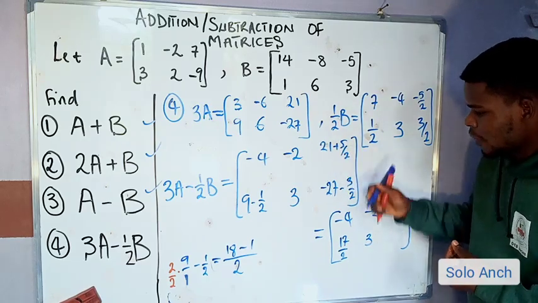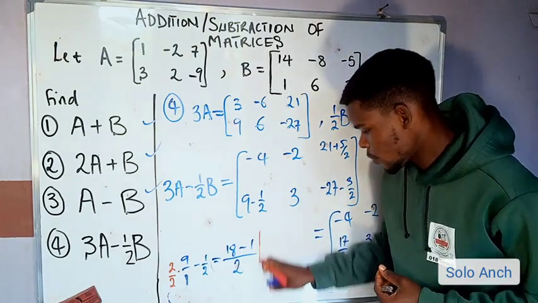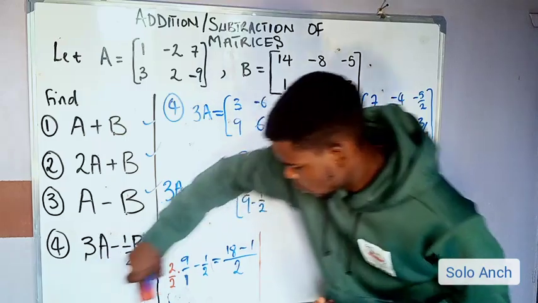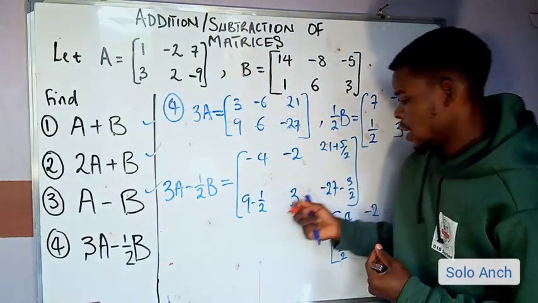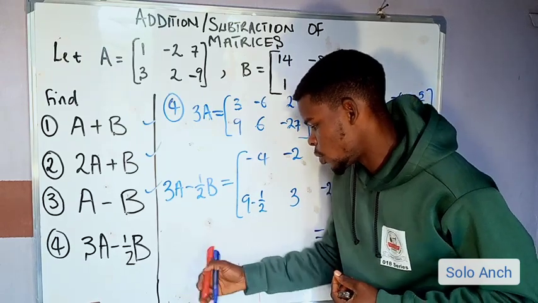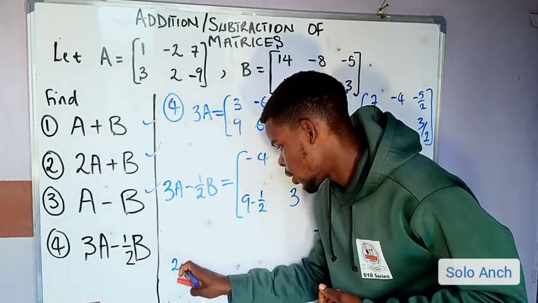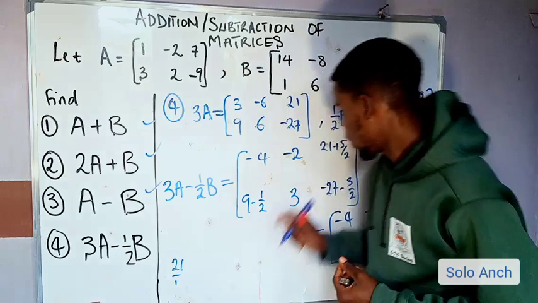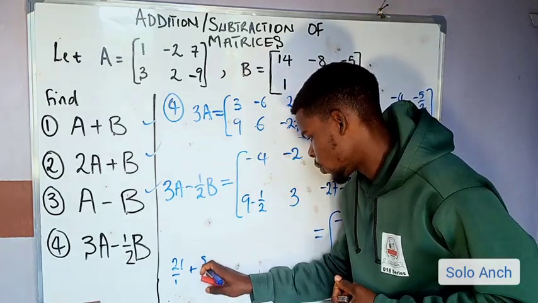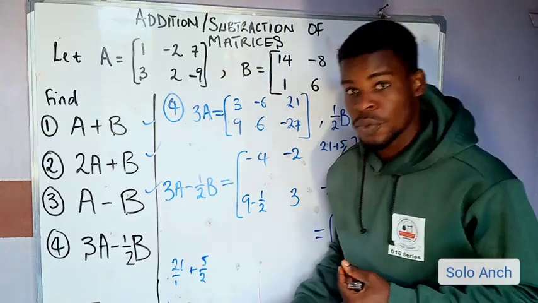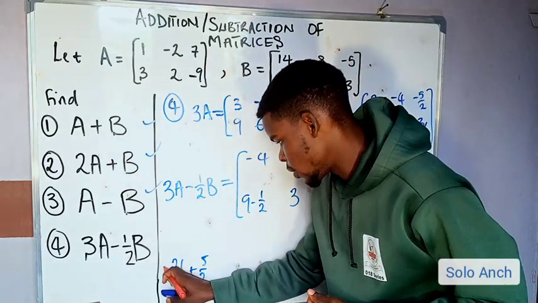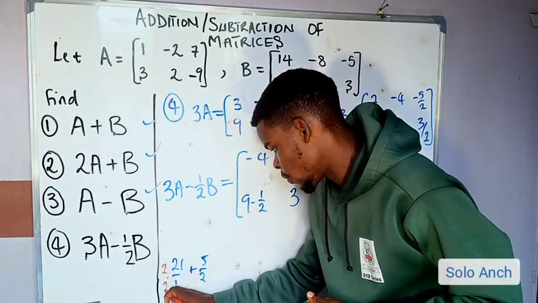Well, 21 plus 5 halves. Similarly, let me clean this part. We are going to add 21 plus 5 halves, so we're going to make the denominators the same. So this is 21 over 1, plus 5 over 2. To make the denominators the same, we multiply this 21 by 2 over 2, because 2 times 1 in the denominator will give us 2.